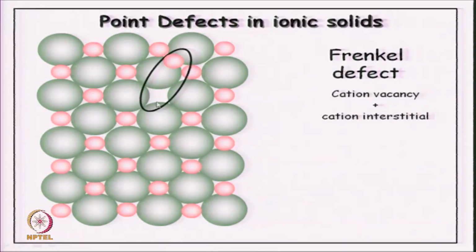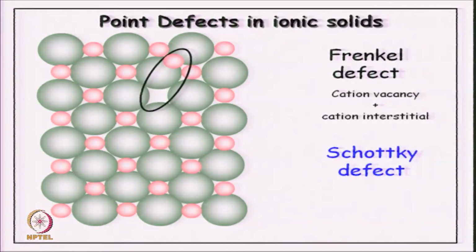A simple cation vacancy or a simple anion vacancy is not possible, because that will lead to charge imbalance in the crystal, and the energy of such a crystal will be much higher. So, they are not seen, but the Frenkel defect, in which a cation is simply misplaced from its site to another interstitial site, creating a cation interstitial and a cation vacancy, is known as the Frenkel defect.